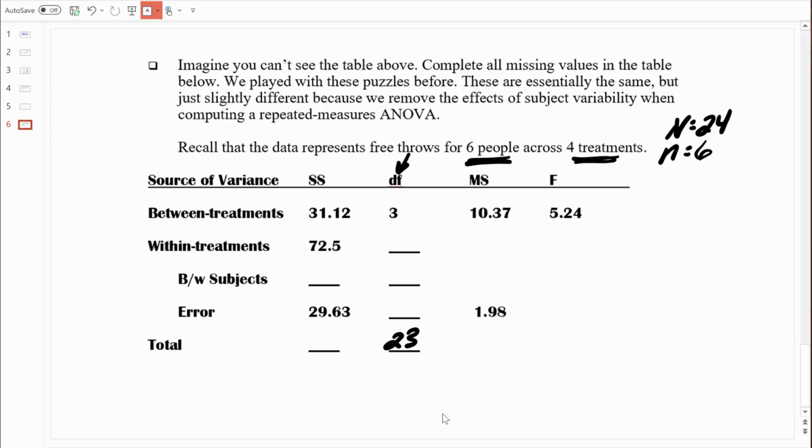Keep this in mind too. Degrees of freedom between treatments plus degrees of freedom within treatments must equal degrees of freedom total. So if degrees of freedom total equals 23 and degrees of freedom between treatments equals 3, then degrees of freedom within must equal 20. Let's remind ourselves of the formula for degrees of freedom within treatments just so we can check our work that way as well.